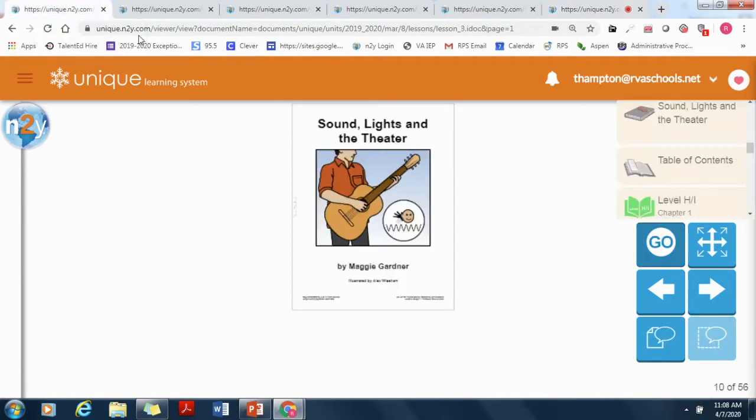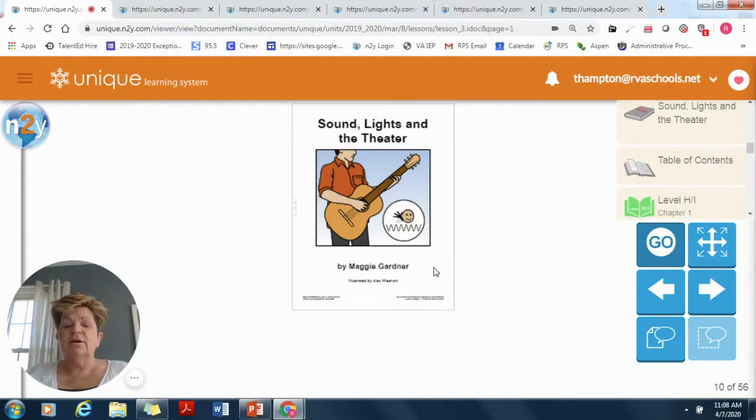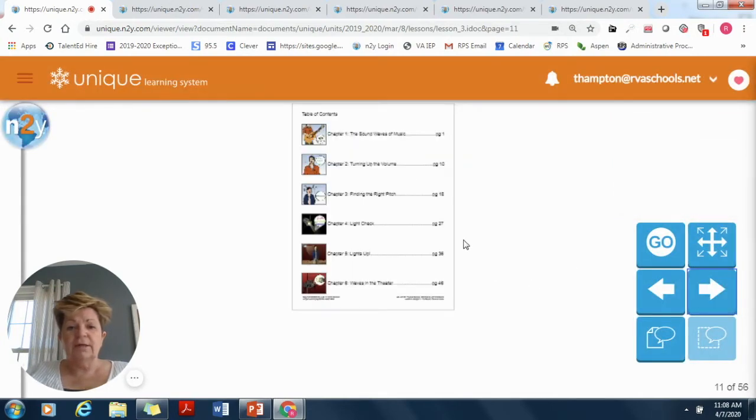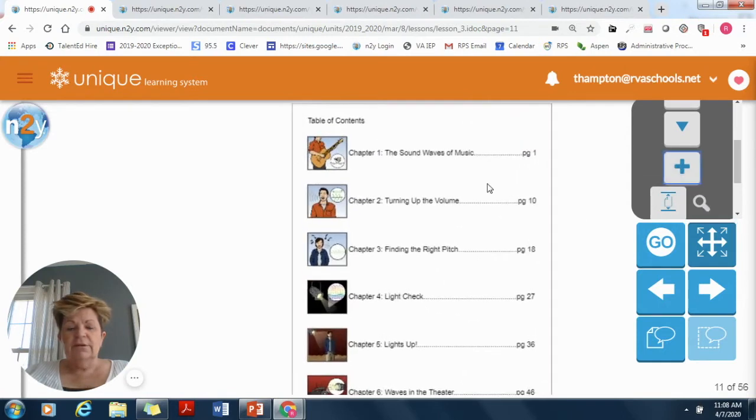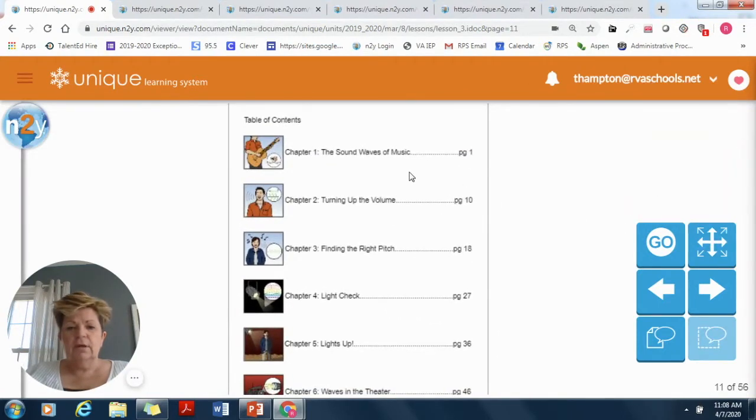All right, let's look at our table of contents and see what page we are going to find Chapter 4 on. Again, we got to make it just a little bit bigger so we can see this. All right, so Chapter 1 was page 1. What did we find on page 10? 2. So 1 was on 1, 2 was on 10.